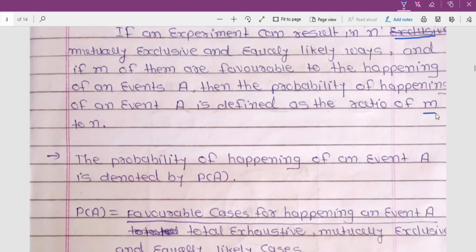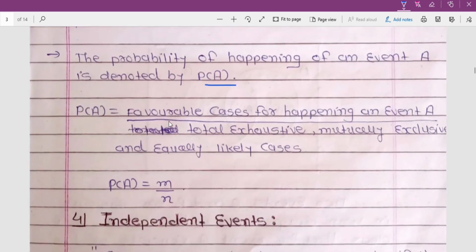The probability of happening of an event A is denoted by P(A). P(A) equals favorable cases for happening of event A divided by total exhaustive, mutually exclusive and equally likely cases. So P(A) equals m divided by n.